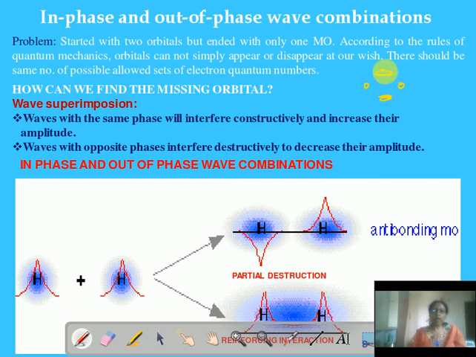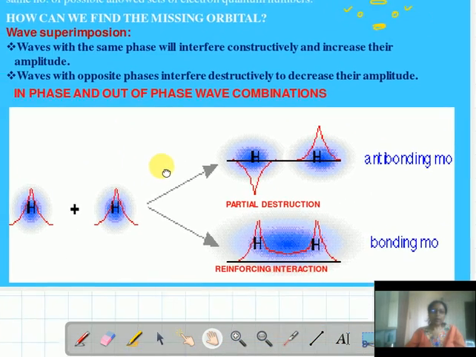So we will have two molecular orbitals because in the beginning we had two atomic orbitals. For that we have to consider two kinds of combinations. One is in phase combination and another is out of phase combination. While using quantum mechanics, we know that there are two kinds of combinations that occur while doing this kind of overlapping.